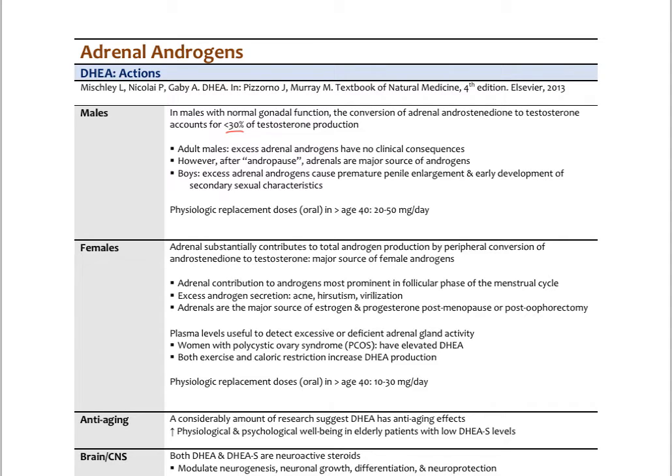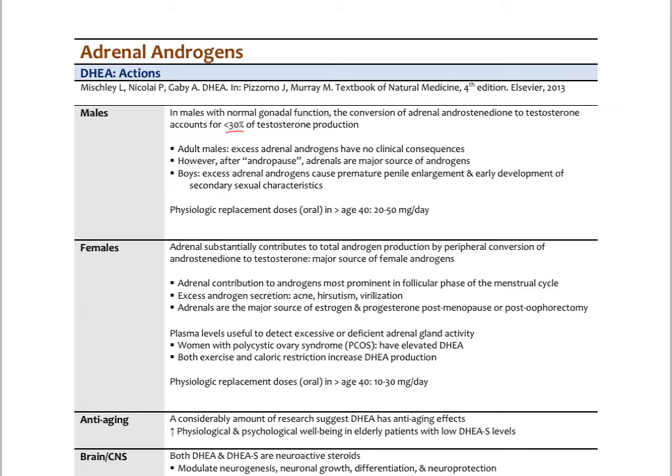Just like we talked about with adrenopause, there is an andropause where in males the level of testosterone from the testes goes down significantly with age. It sort of parallels adrenopause, but usually andropause happens a little bit more quickly. So the adrenals should kick in to help a little bit with that androgen synthesis.